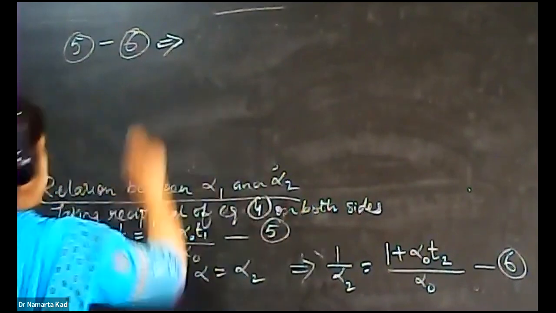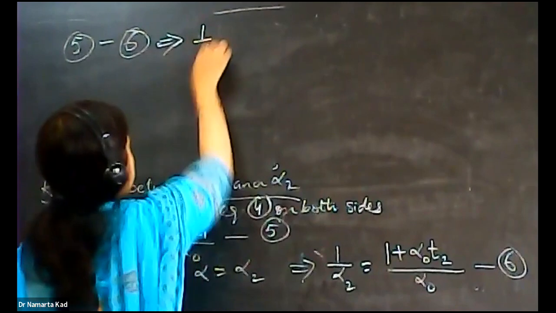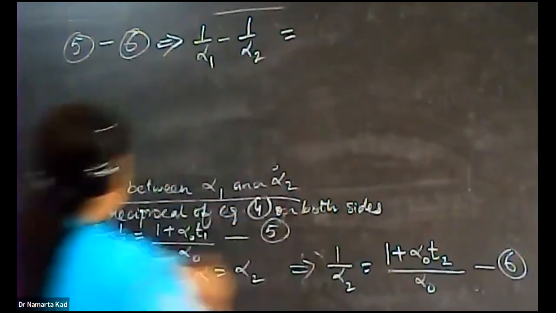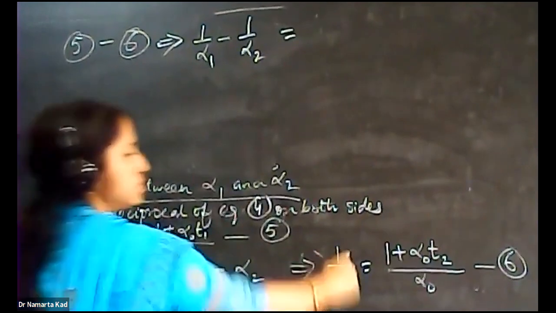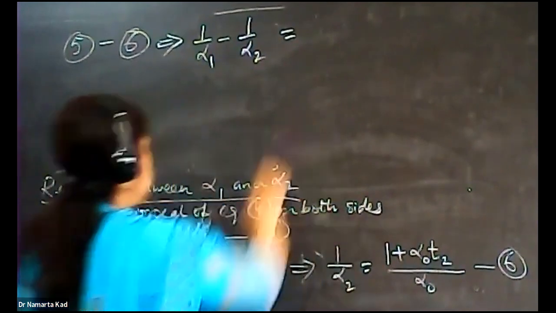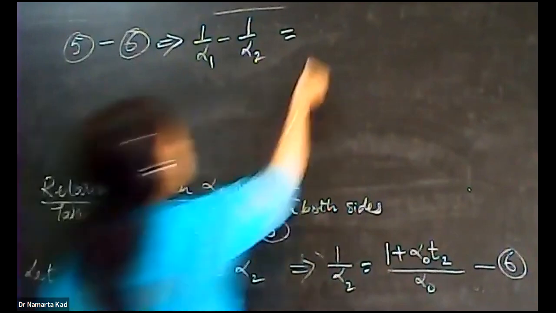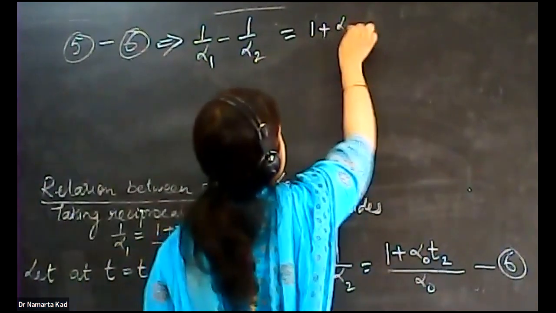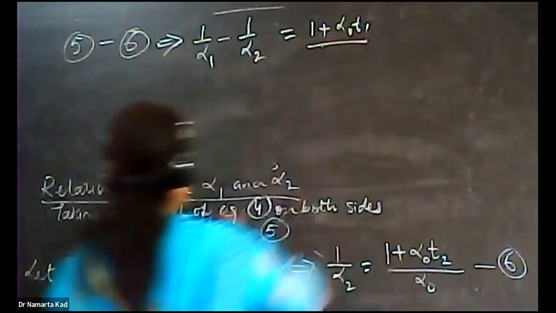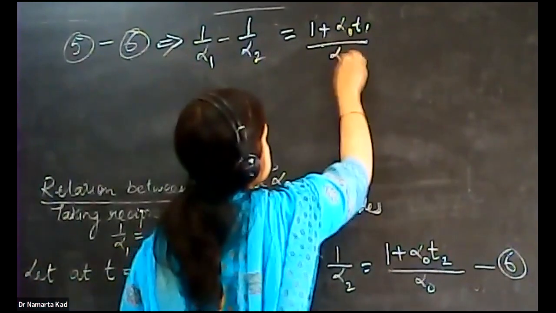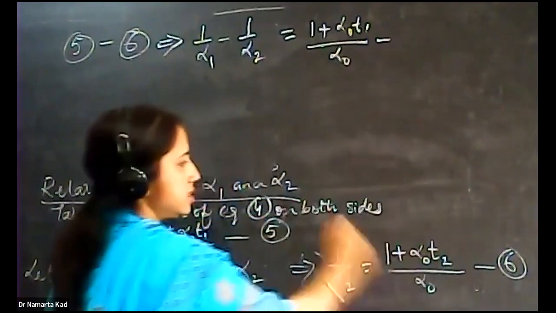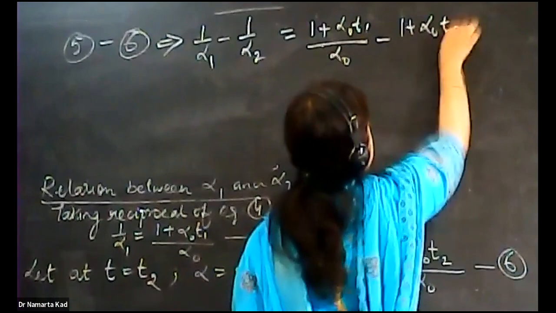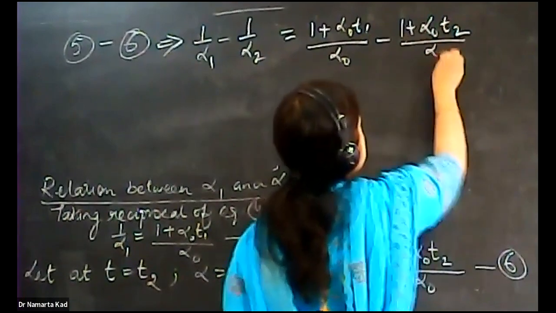When we subtract, it comes out to be 1 upon alpha 1 minus 1 upon alpha 2 equal to 1 plus alpha naught T1 divided by alpha naught minus 1 plus alpha naught T2 divided by alpha naught.